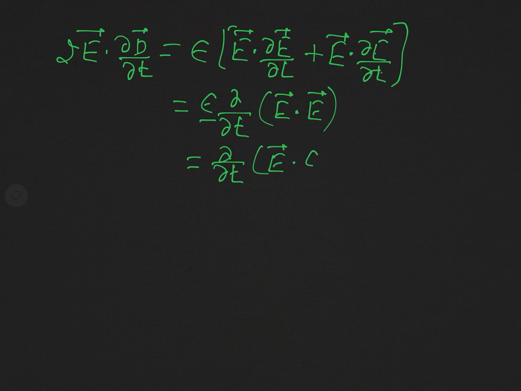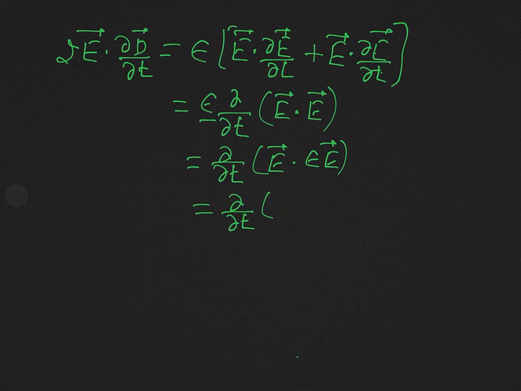So we can write it del by del T of E dot epsilon E. And what will be this?